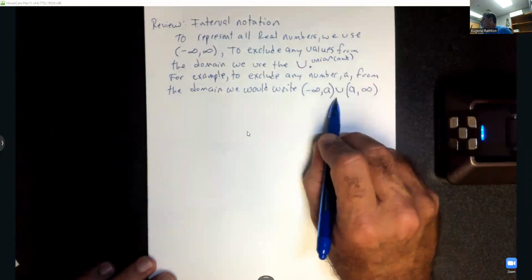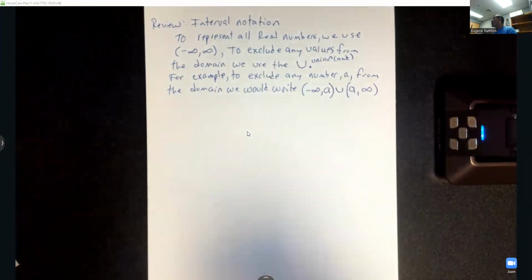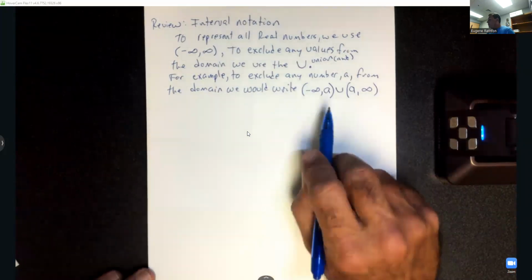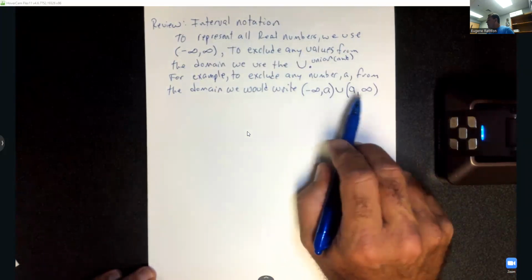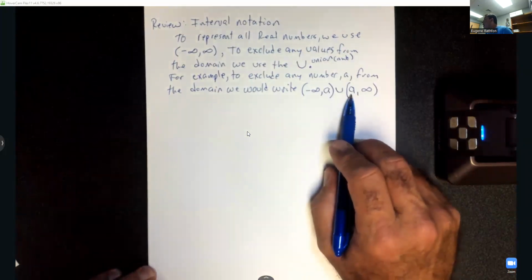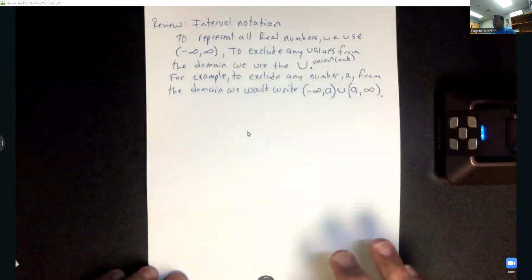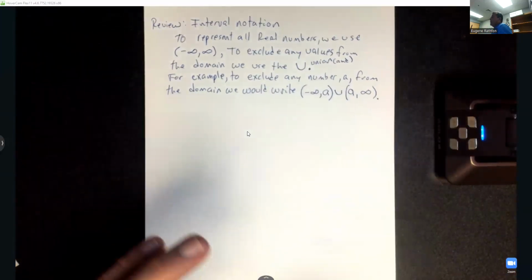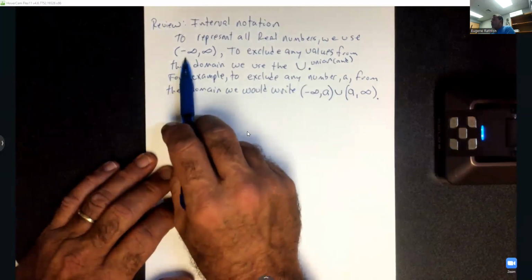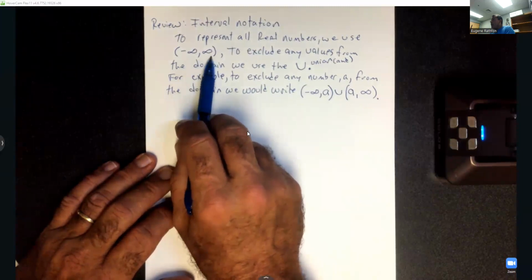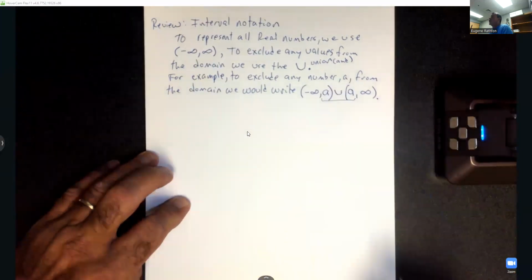Because when you use curved parentheses, that means it does not include that number. So you go all the way from negative infinity up to a, and then from the other side of a, all the way to positive infinity. And y'all, I'll show y'all that later on when we hit some examples. So remember, all real numbers is negative infinity to infinity. To kick out a number, we union around it.